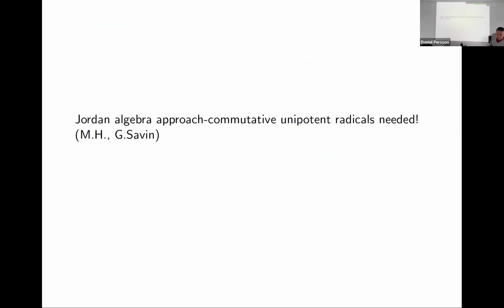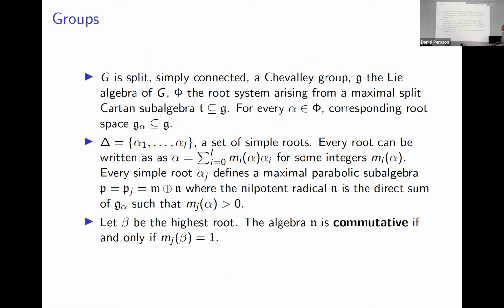Okay, so I'm now going to talk about this first approach, joint work with Gordan Savin. This is the situation. We have a split simple connected Chevalley group. We have a Cartan subalgebra, the root system arising from this choice, and root spaces g_alpha. We pick a set of simple roots, and we know that each root can be written using simple roots like this.